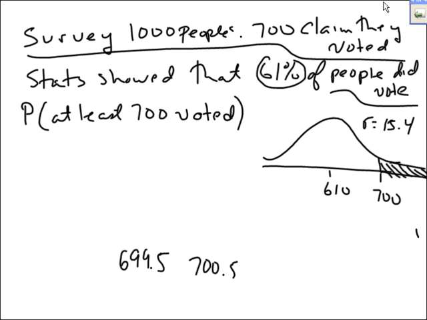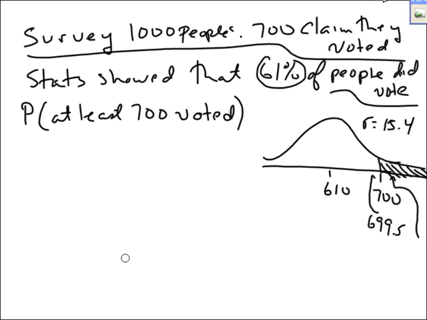But 700.5 is to the right of 700. That is, I won't have what's in between 700 and 700.5. As a result of that, I am going to use the 699.5. That is what I'm going to use for my x in finding the z-score.